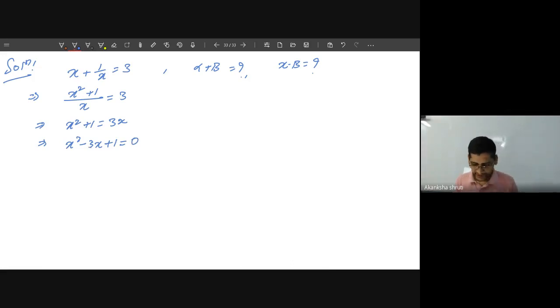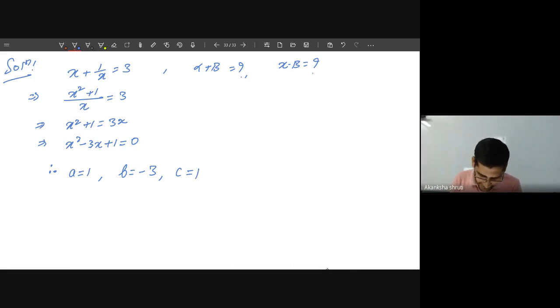This is the quadratic equation. Student, now you can compare and get A, B, C. So, A is equal to 1, B is equal to minus 3, C is equal to 1.